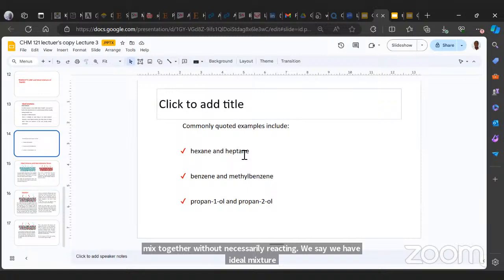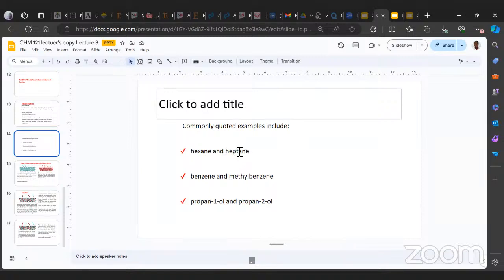They are both non-polar substances. They can be separated by distillation, which is a physical process. They can mix and become homogeneous. They have similar electronegativity, similar everything. So this is an example of ideal mixture. Ideal mixtures obey Raoult's law 100%.